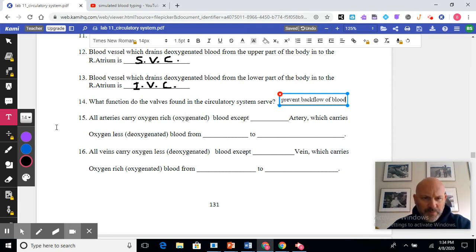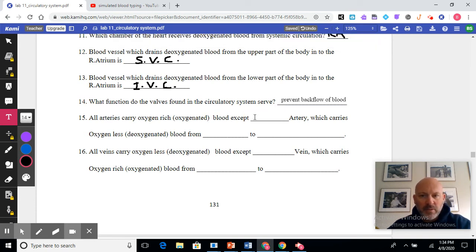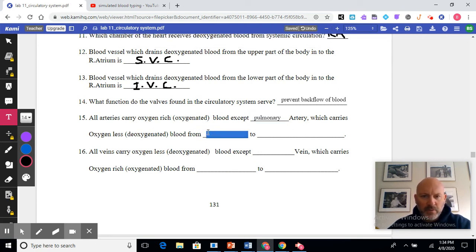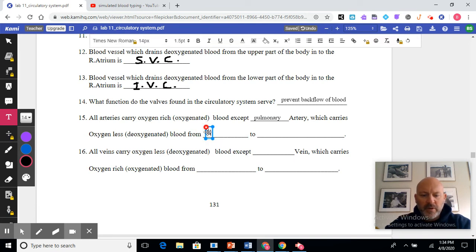All arteries carry oxygen-rich blood. Is that true? No, that is not true. All our arteries carry oxygenated blood, except for which one? Pulmonary artery. That's the exception, which carries deoxygenated blood from the heart to the lungs.